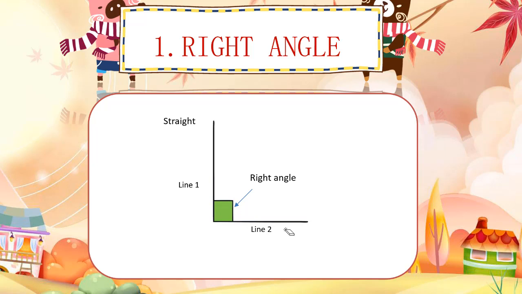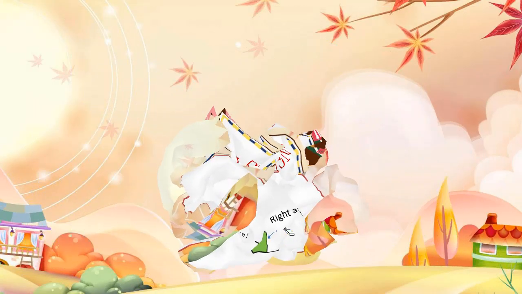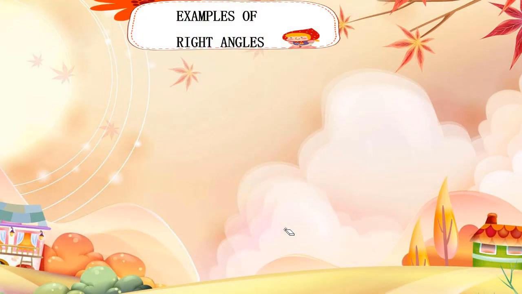So a right angle is when two straight lines joining together make a square corner. We call it a right angle.